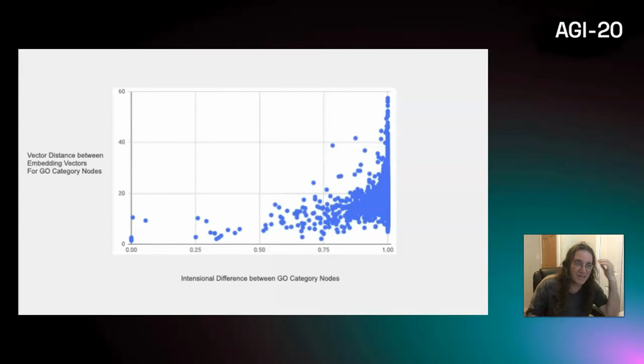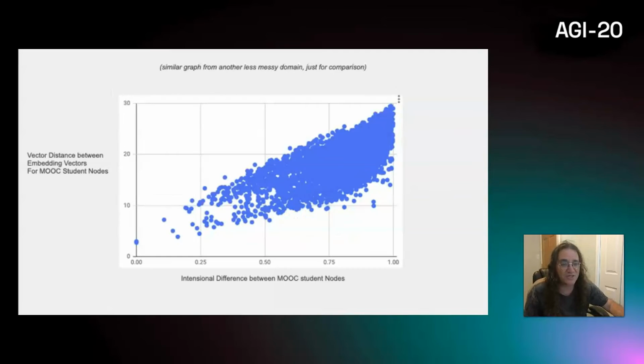So that was nice, and it shows a sort of geometric morphism or mapping between the vector world and the logic world. And biology is always a bit messy, so we tried out something similar on a different atom space, just full of data about students in a massive online course, a MOOC, and there you see a much more simple linear relationship, because this MOOC atom space is just a bit less messy, same exact algorithm.